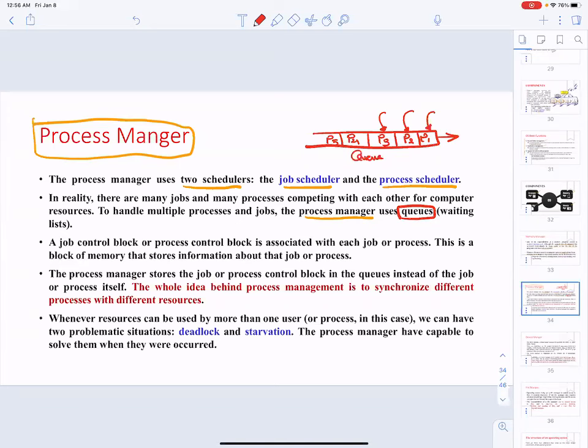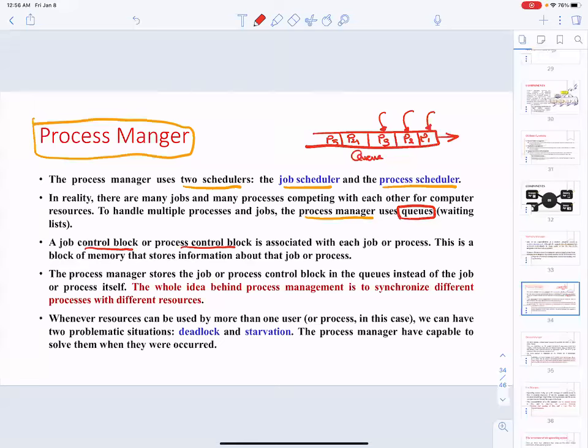So when we are talking about the process manager, we are talking about a job controller. That means we are referring to the part of the process manager that is responsible for controlling jobs or blocks of processes.